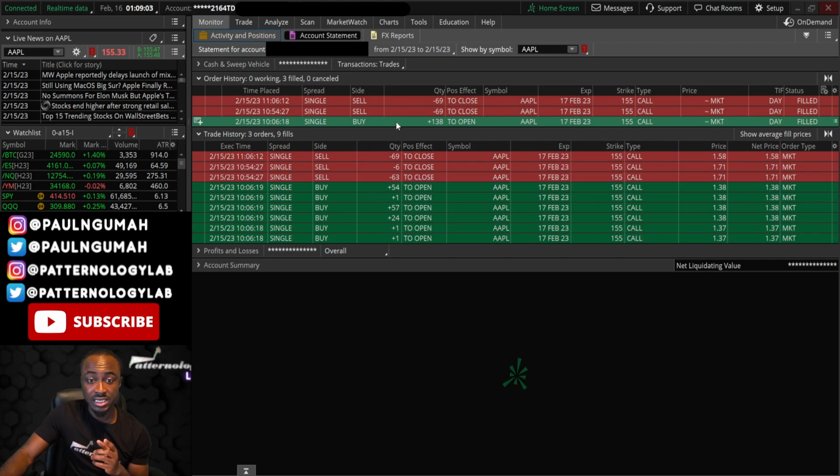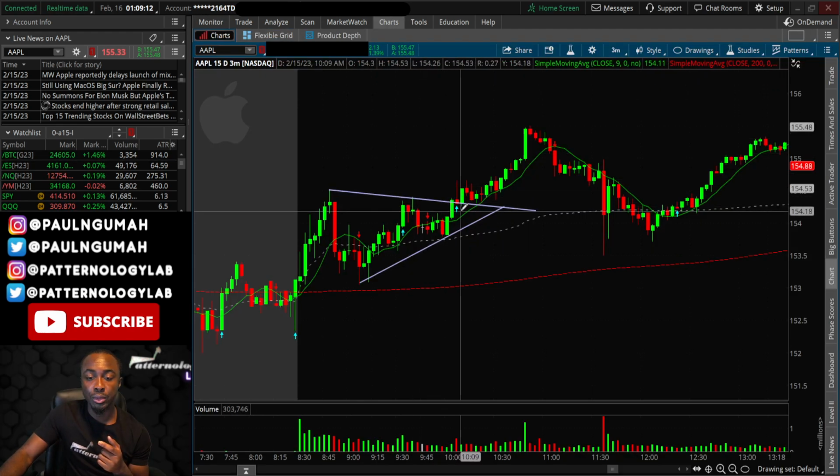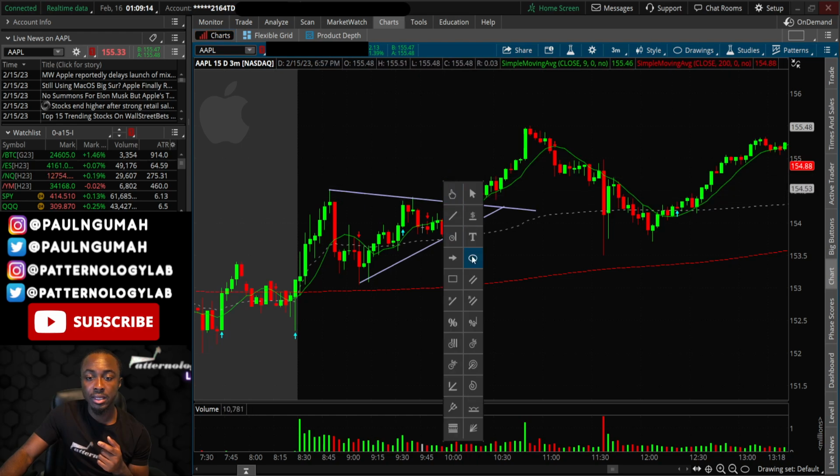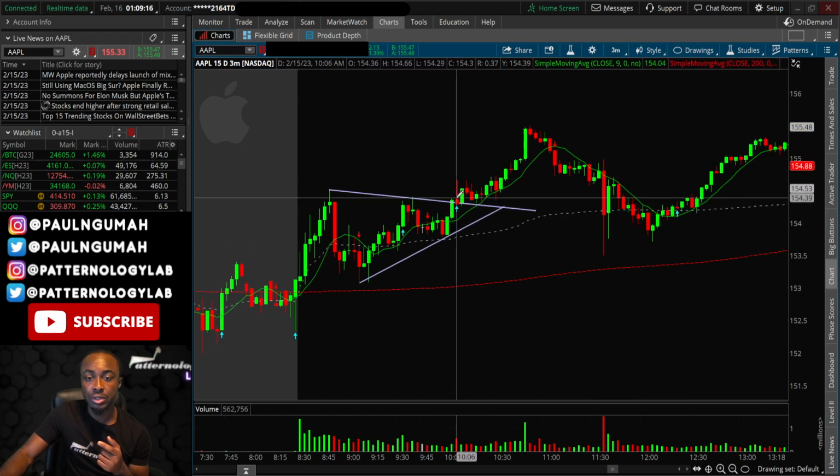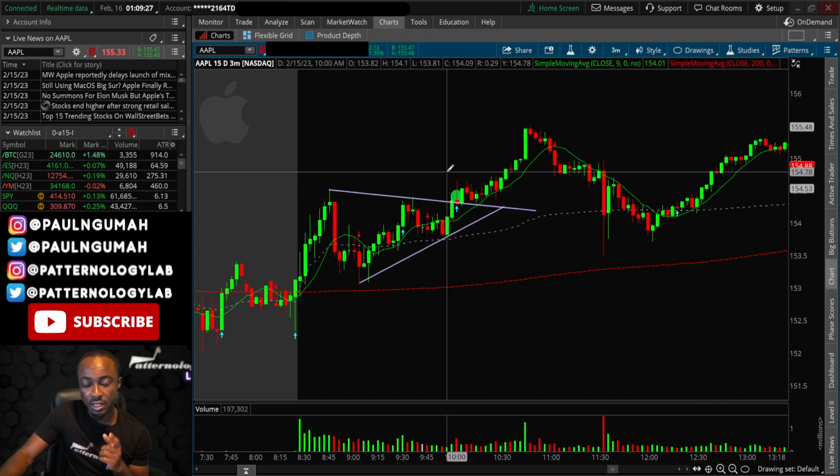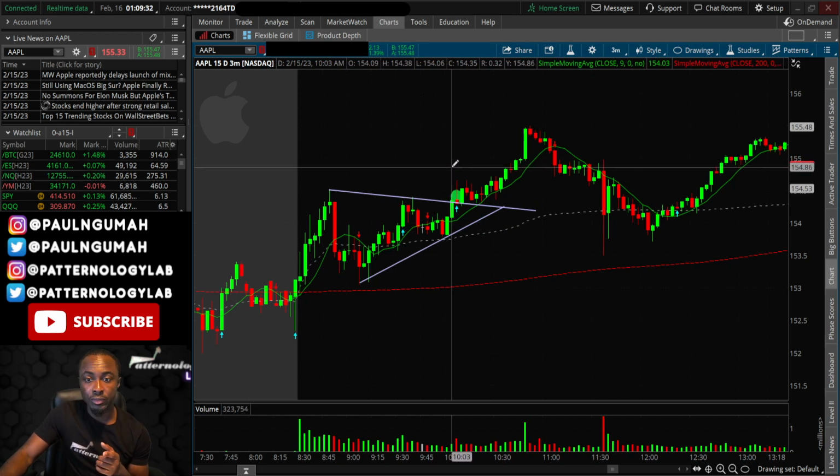This is the order that I put in at exactly 10:06 Central Time, right when Apple broke out, right in the beginning of this candle. As soon as it broke above 154.40, I bought 138 calls, the $155 call that expires tomorrow, on the 17th. So I bought those calls right here.